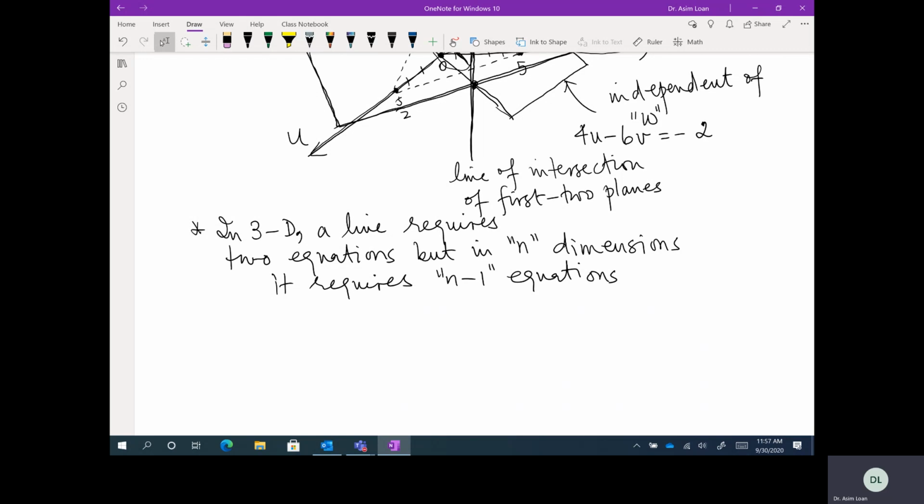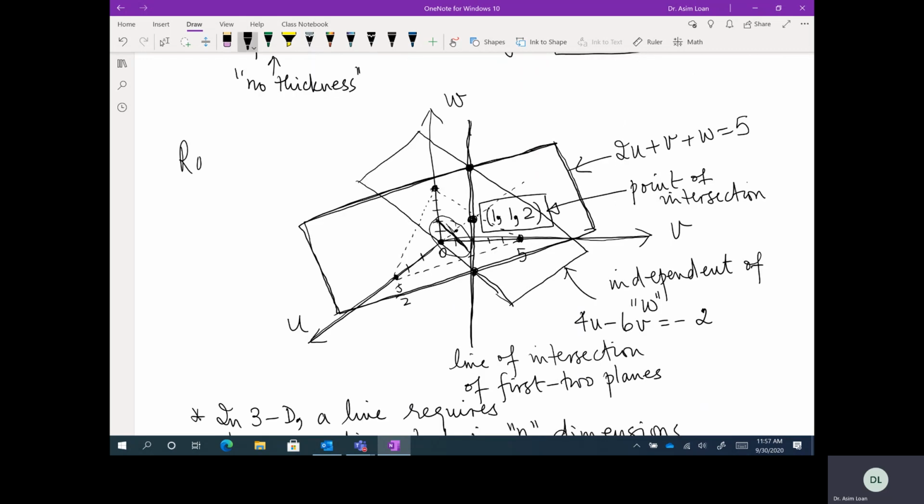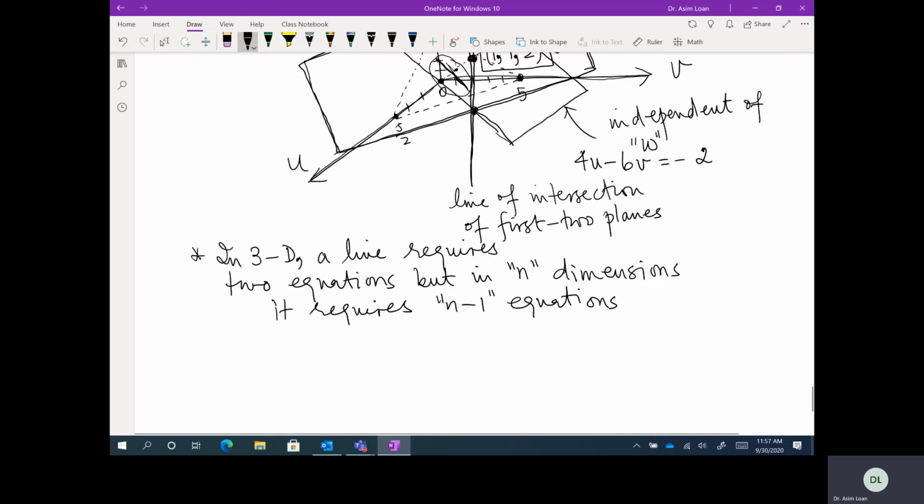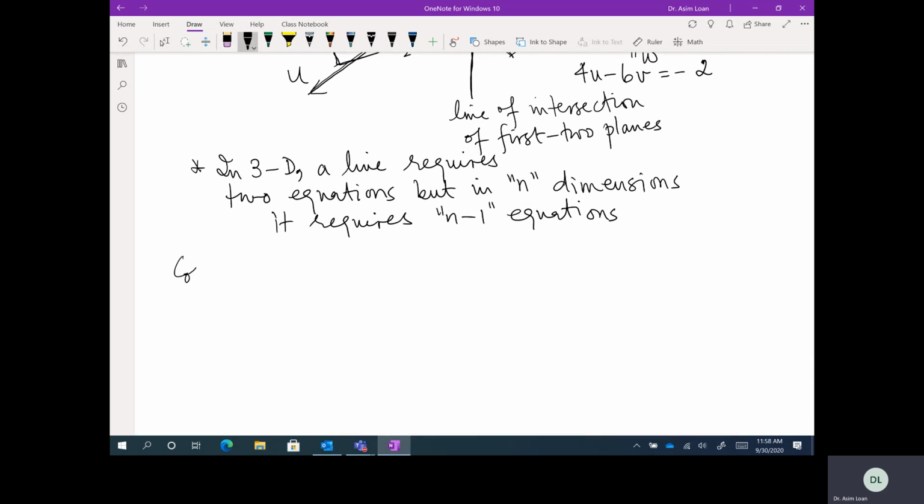Okay. Let's look at the column picture. So this is the row picture, where we have looked at each individual equation. What about the column picture? Again, do the same thing: look at the columns.